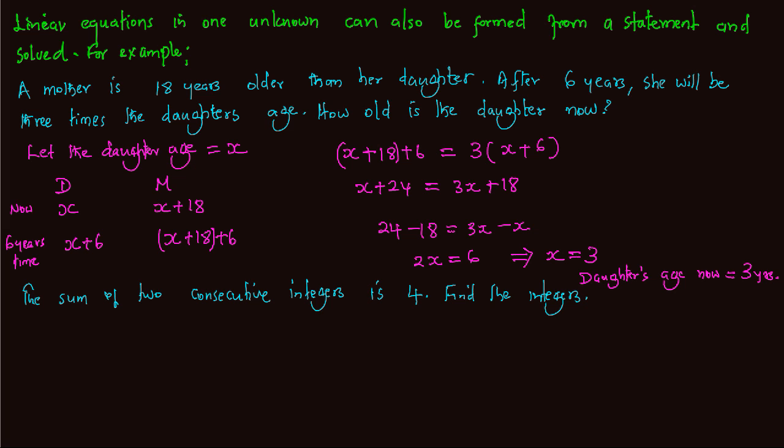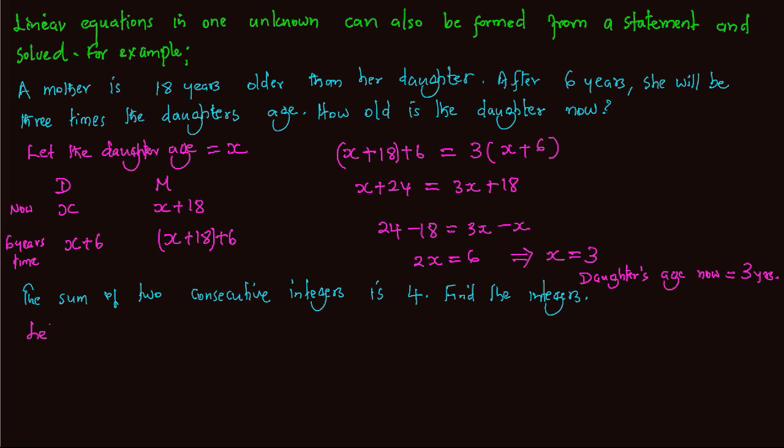Another example, the sum of 2 consecutive integers is 4. Find the integers. So we know that consecutive integers differ by 1.